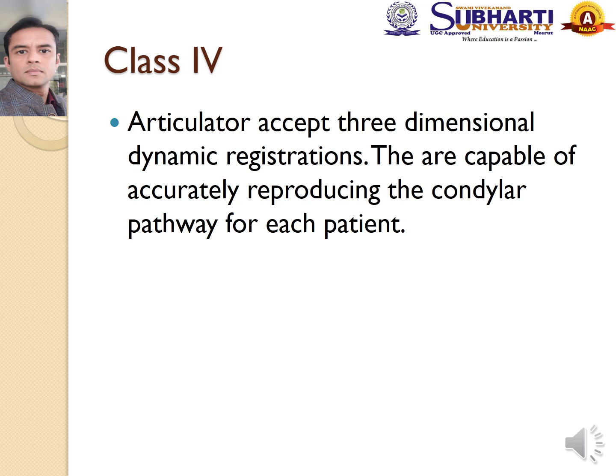As I previously said, TMJ is a joint which is capable of the movement in all the three axes x, y and z. So x and y we did in the previous articulators. What about z? So class 4, they are the articulators which are capable of reproducing the movements in all the three directions, that is x, y and z.